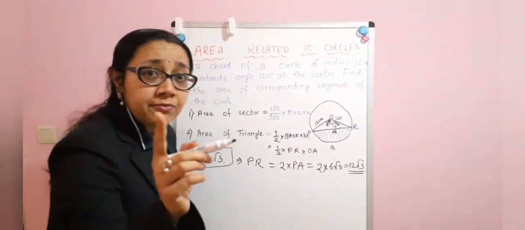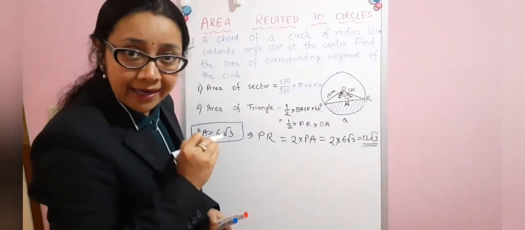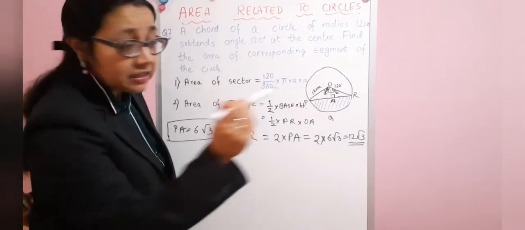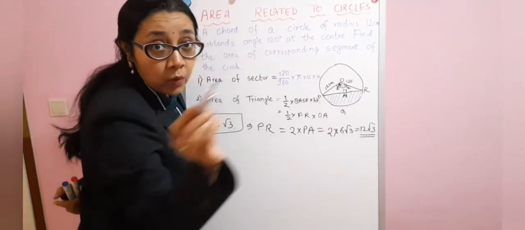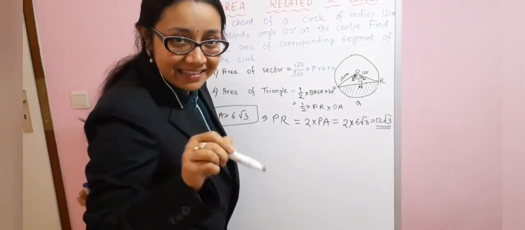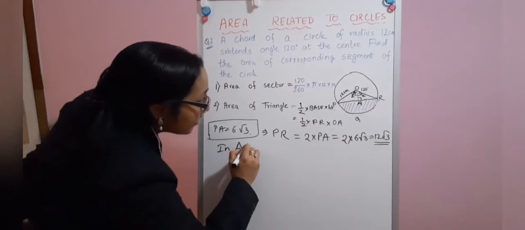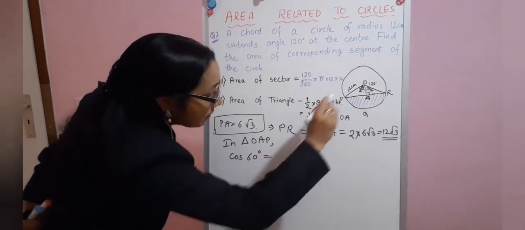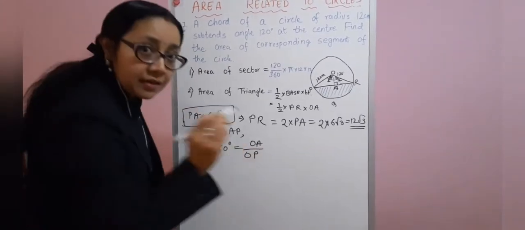Now what is our objective? We have to calculate the height, that is OA, right? So in order to find the OA, if you see angle 1, again I am considering the triangle OAP, OA is the adjacent side. So what trigonometric value we will take? Yes, that is cos. So in triangle OAP, cos of 60 degree will be equal to OA divided by OP, correct?